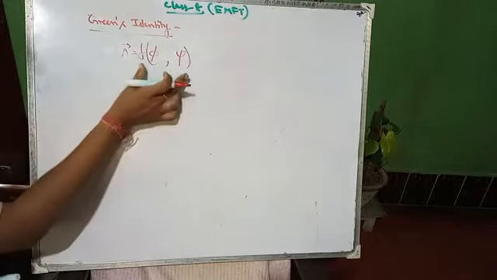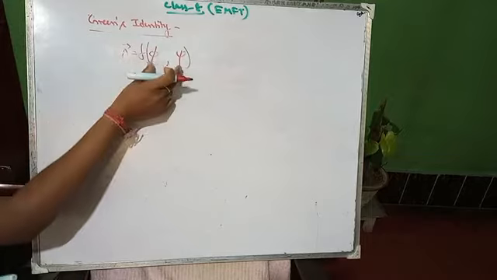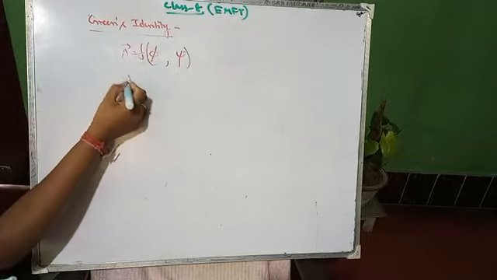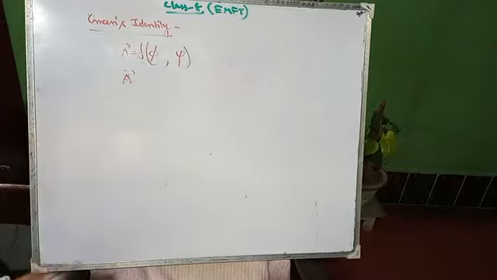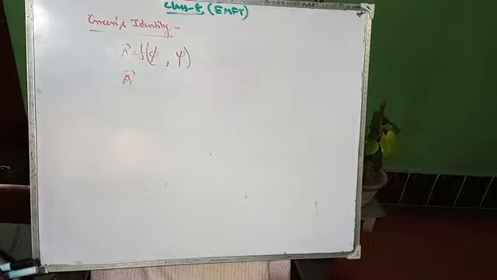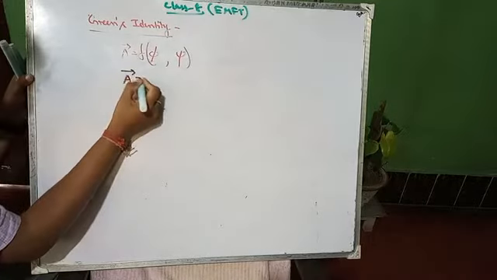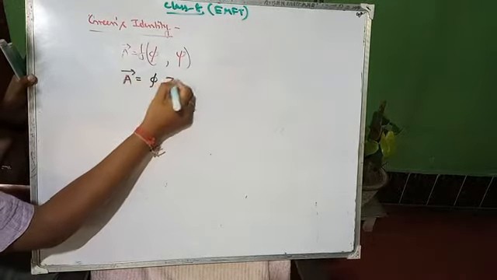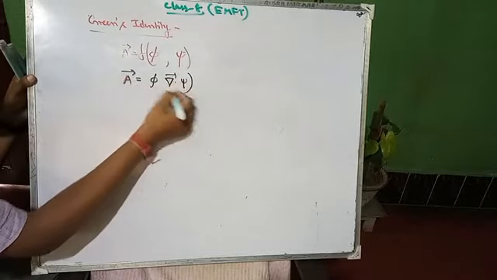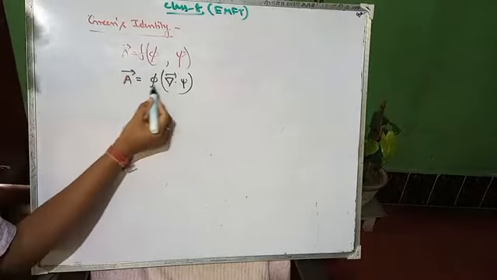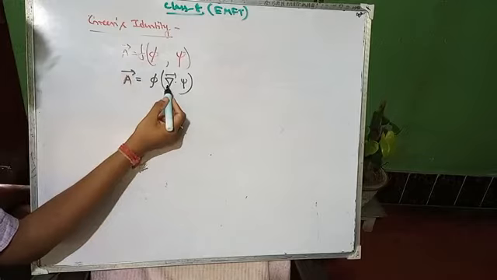So this vector and these two scalar components can be related as follows. Let us assume vector A equals phi grad psi. The pronunciation is phi grad psi. This is the gradient of psi.